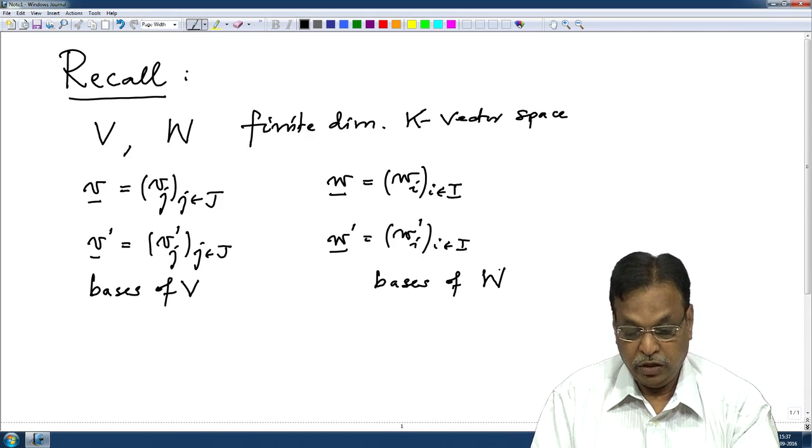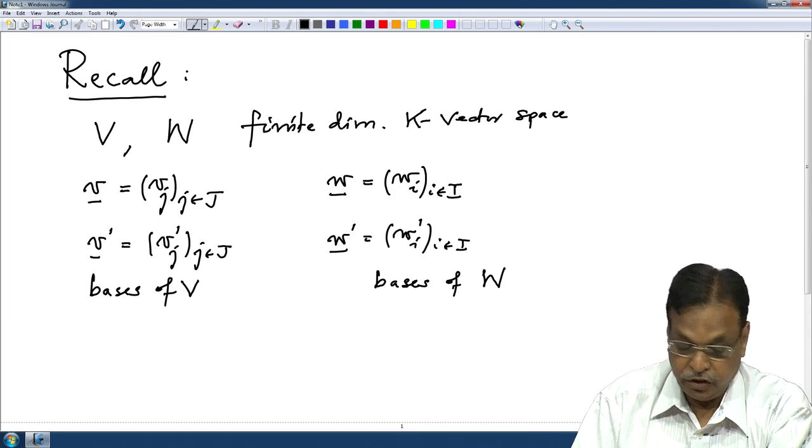And then each pair will give us a transition matrix.